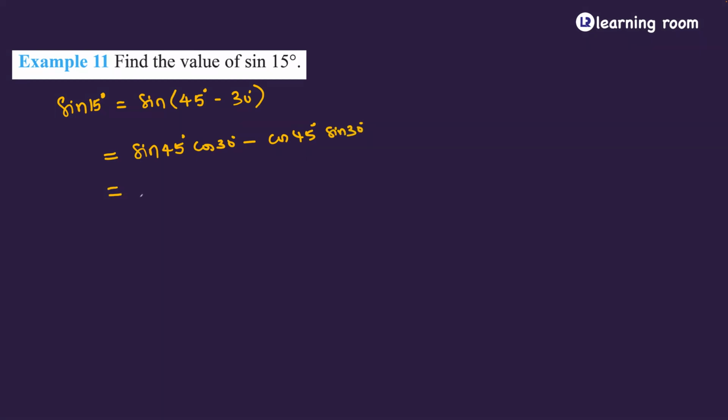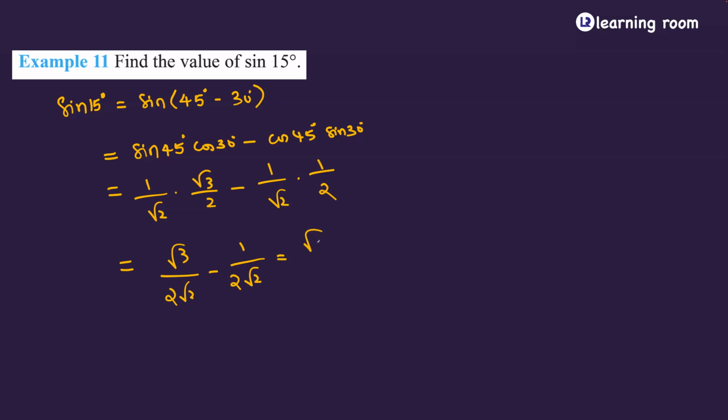Sine 45 is 1 by root 2, cos 30 is root 3 by 2, sine 30 is 1 by 2. So it is root 3 divided by 2 root 2 minus 1 divided by 2 root 2. It will be root 3 minus 1 divided by 2 root 2. So this is the value of sine 15 degrees.